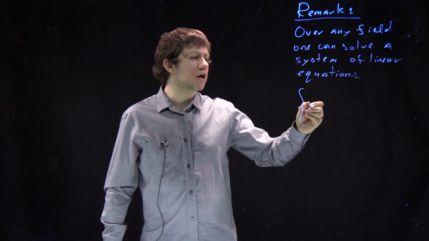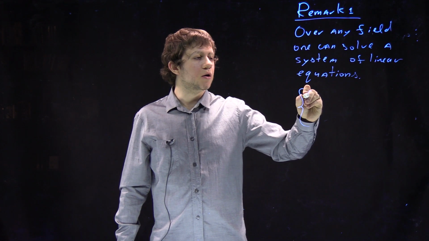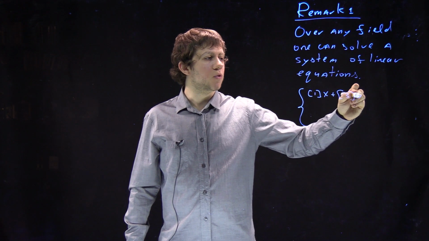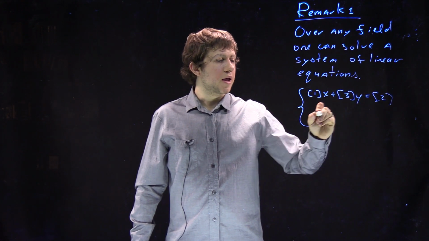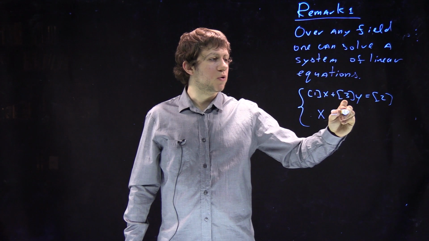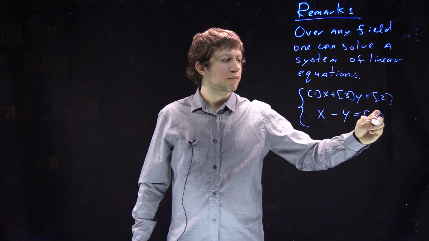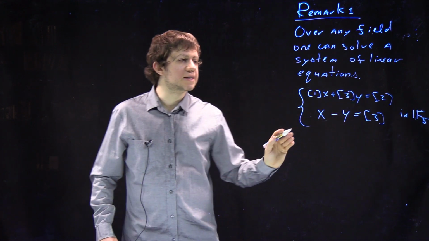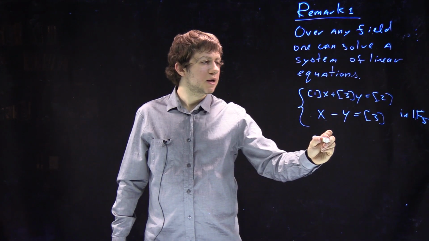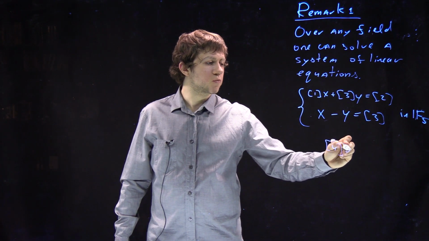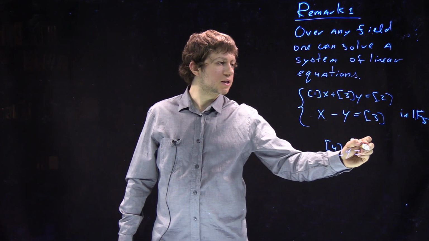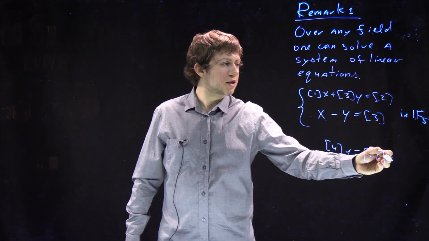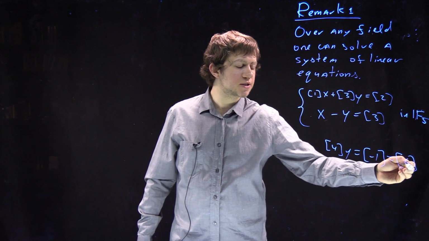And so, for instance, if you have a system of linear equations 1 times x plus 3 times y equal to 2 and x minus y equal to 3 in F5, one can solve it in exactly the usual manner. For instance, subtract and get 4 times y equals the class of minus 1, because again, when we subtract, we just subtract these two numbers, and this class is the same as the class of 4.